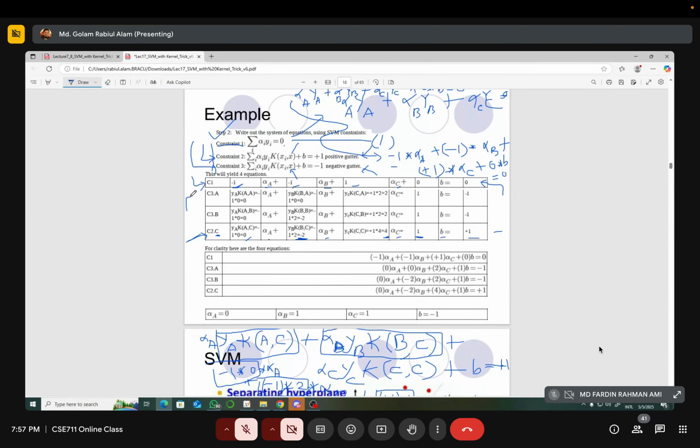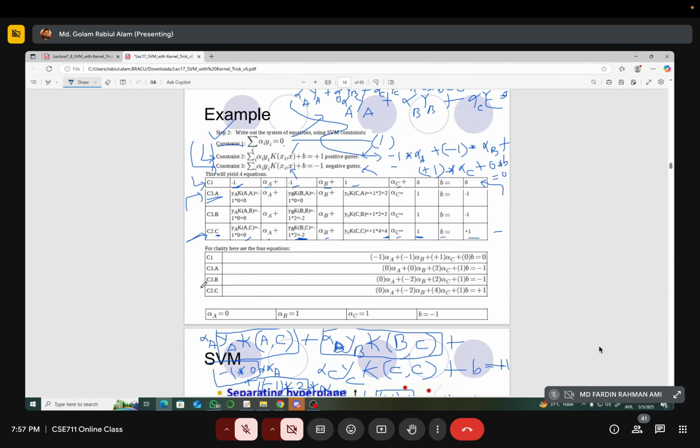So that's what we have written here, that is C3A. If this constant passes through the data point A, then in that case we will get the sum of alpha i, yi, k(xi, x) plus b equal to -1.